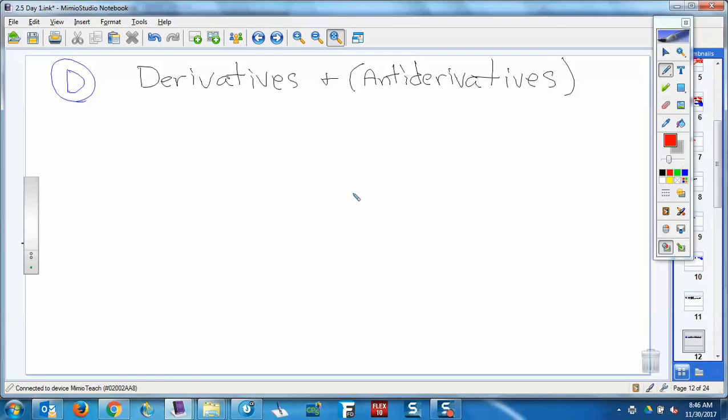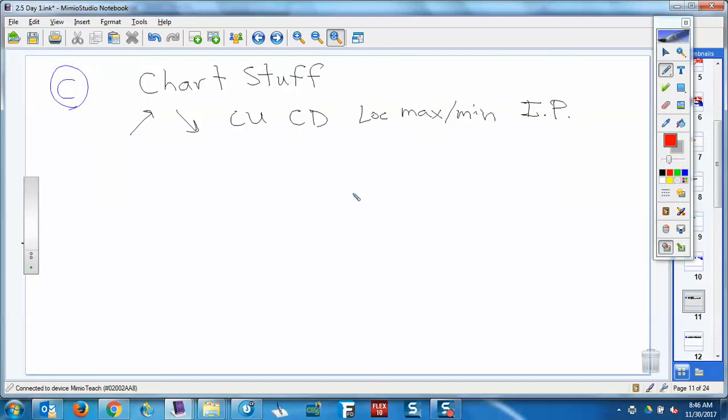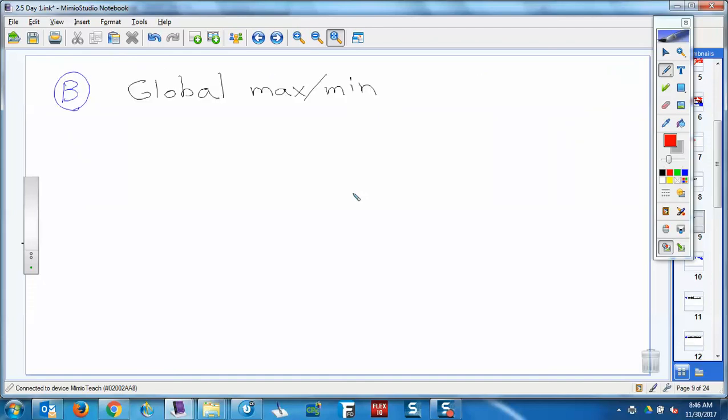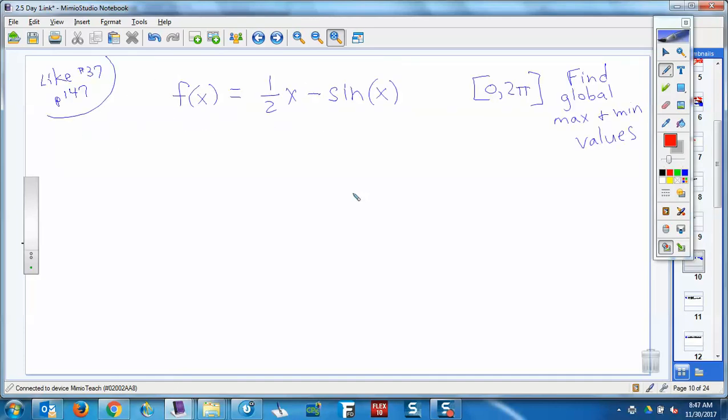We spent a lot of time on our derivative, antiderivative rules. We just got done doing the chart stuff, with local max min, number lines, all that stuff. Global max min is the one we learned yesterday, so let's go through that. If you want to turn in your book, if you're not there already, page 147. Let's do this problem right here. This is very similar to the one we did yesterday, but we need to see it again, I think.